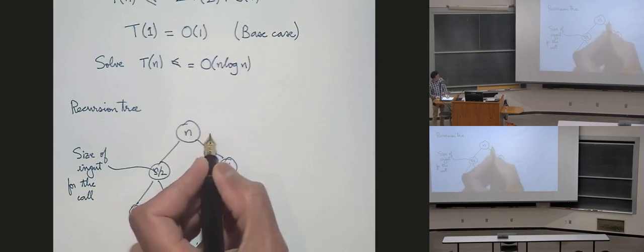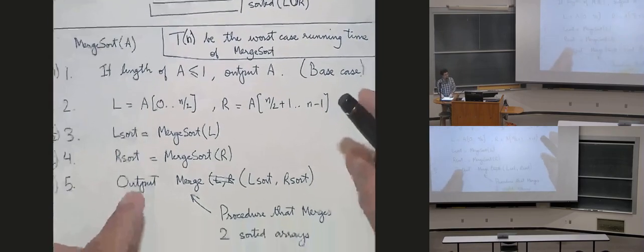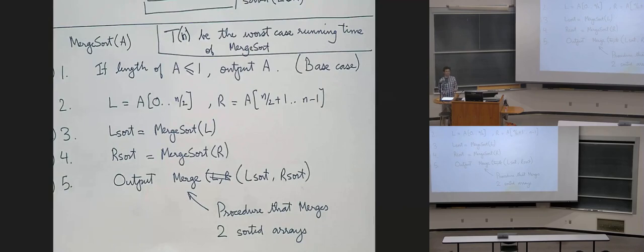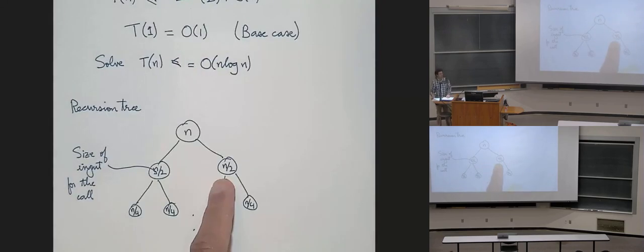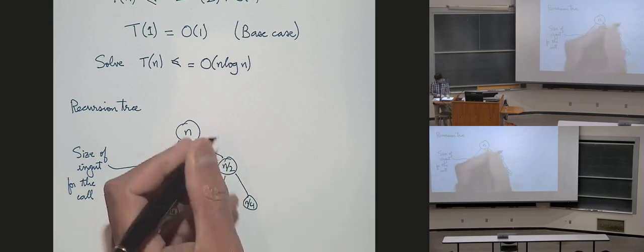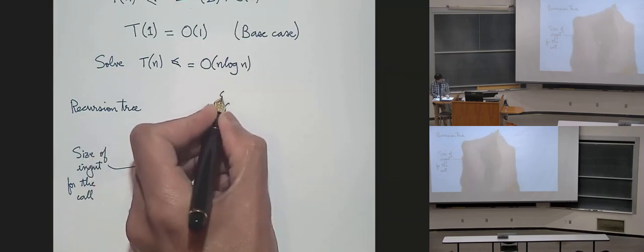What I'm going to write next to it is something called the work that was done in the call. So what is the work? The work is everything other than the recursive calls. Does that make sense? The work is like the runtime, but I like to call it the work. So I'm going to write down here that it's at most C times n, where C is some constant.